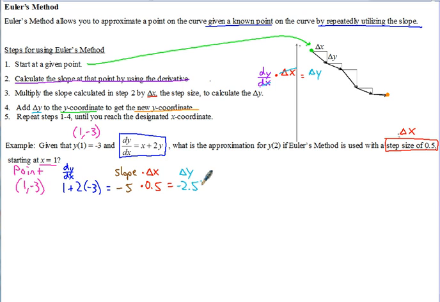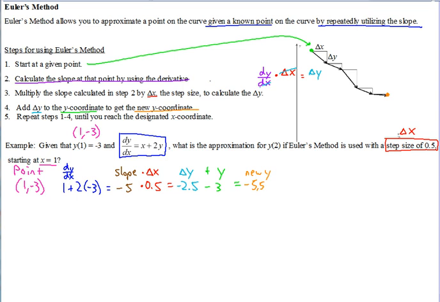And you take the change in the y coordinate and you look at what the original y coordinate was. Originally the y coordinate was negative 3. You add the change to the original y coordinate, negative 3, and that gives you the new y coordinate. Negative 3 minus 2.5 is negative 5.5.